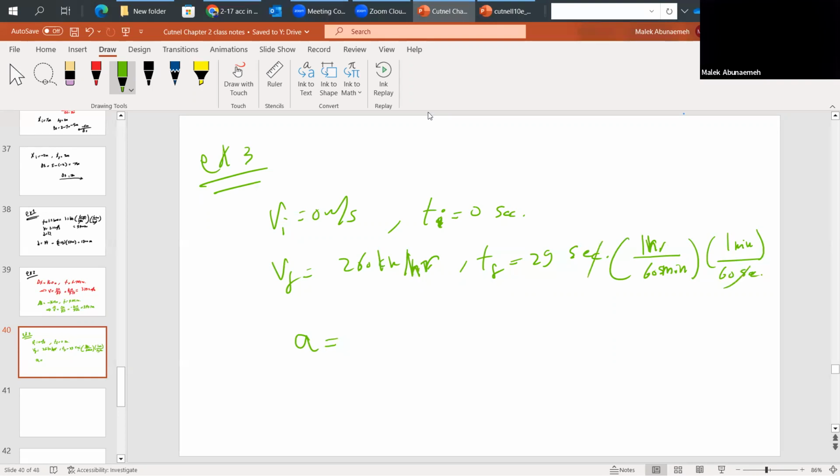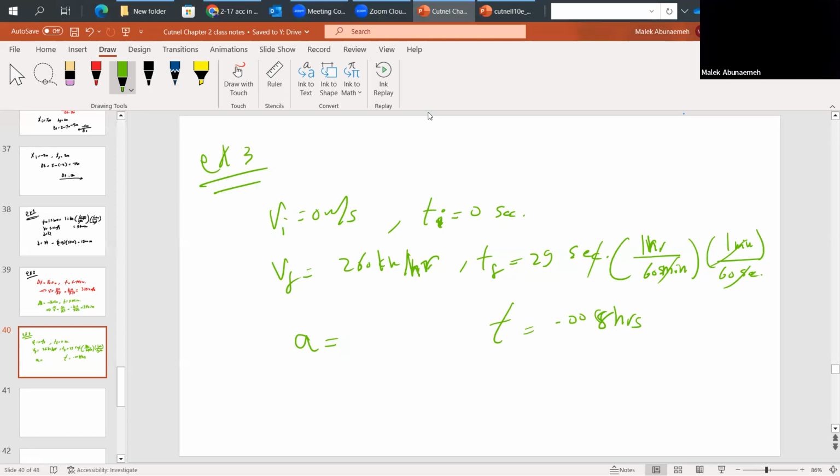Your seconds go away, your minutes go away. It should be 29 divided by 36, so this is going to equal 0.008 hours.